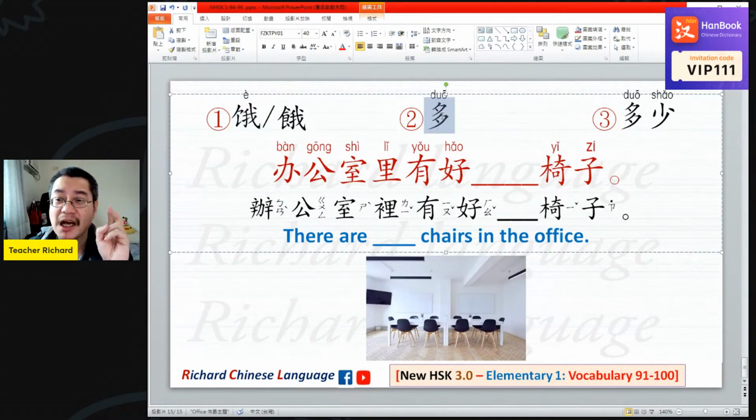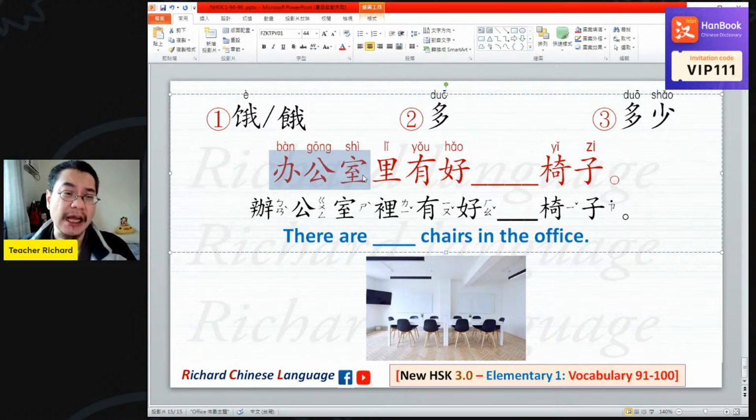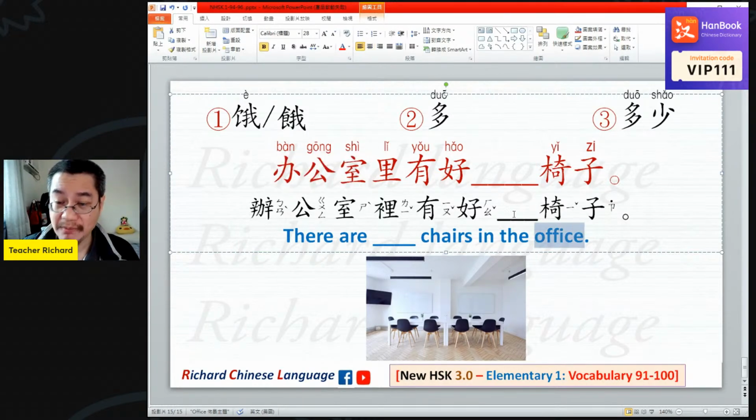Okay, my sentence is 办公室里有好椅子. Okay, 办公室 means office. 里 actually means in or at. 有 there is, there are. 好 actually that's a function word.